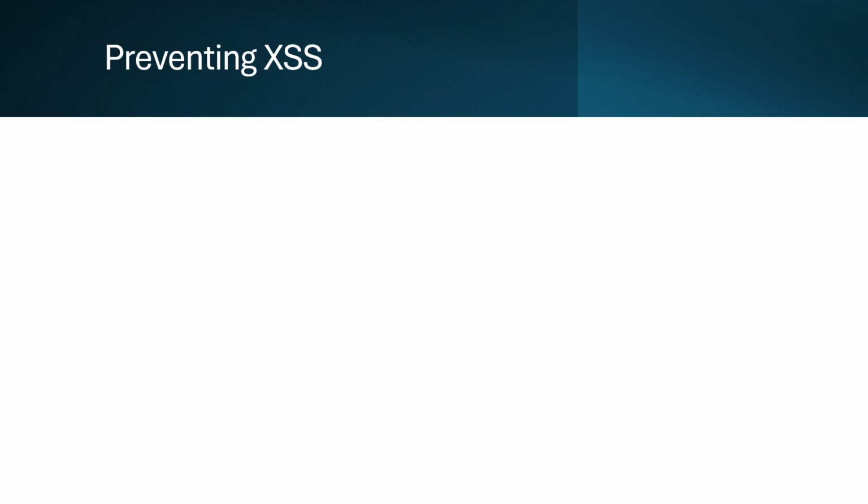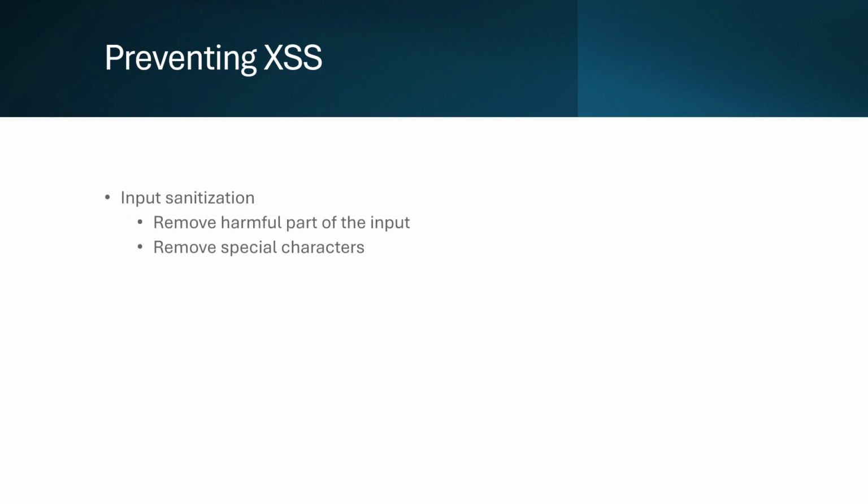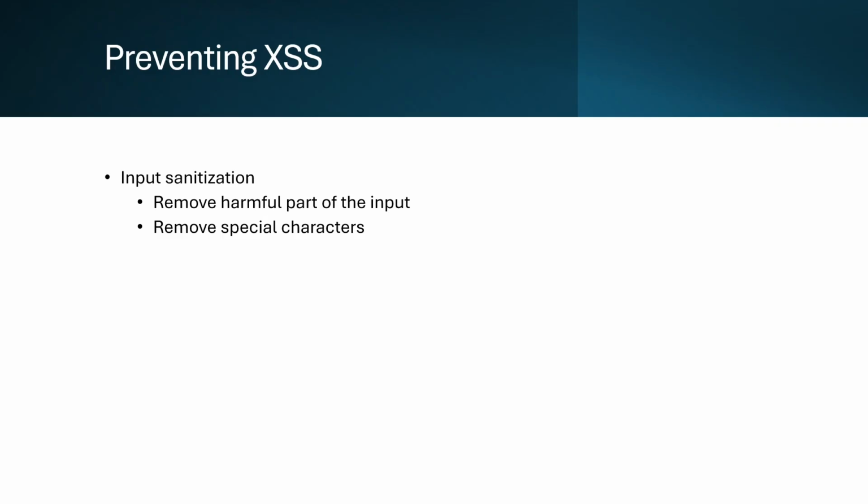The next method to prevent cross-site scripting is input sanitization. You might be wondering what the difference is between input validation and sanitization. That's a great question. Input validation is about ensuring the input meets expected criteria such as length, format, or allowed characters.